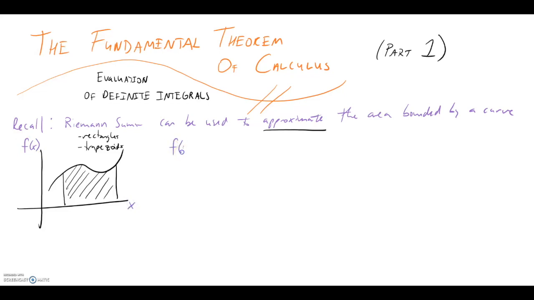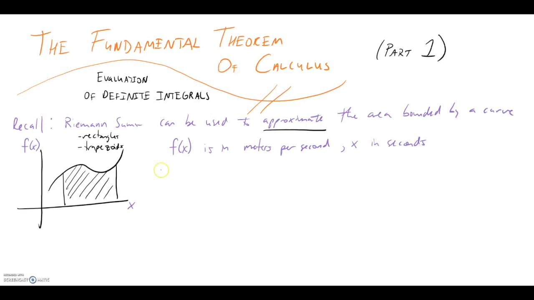So let our vertical axis be f of x and our horizontal be x. And let's say that f of x is given in units meters per second, with x being given in units just seconds.